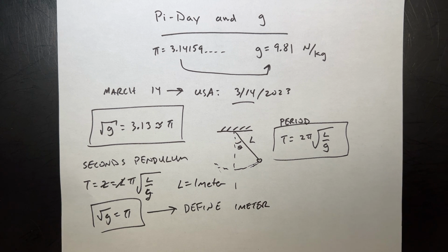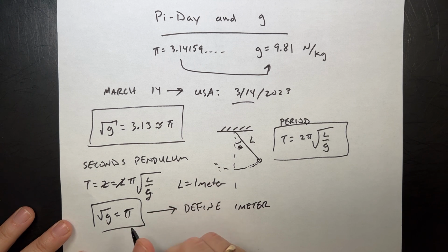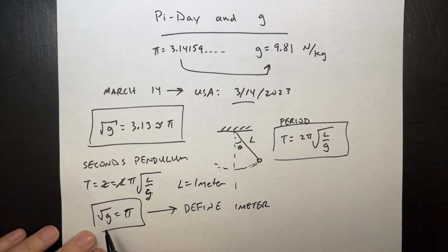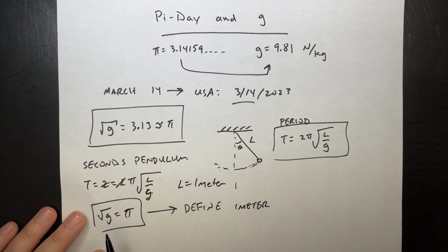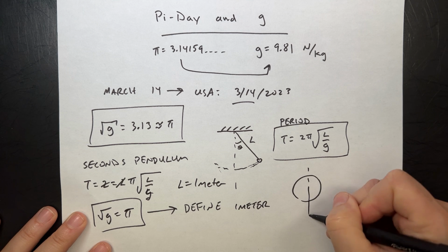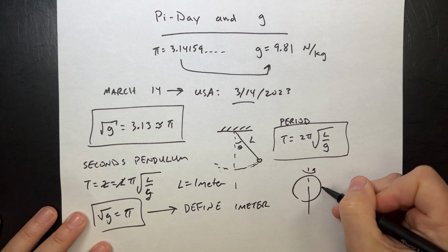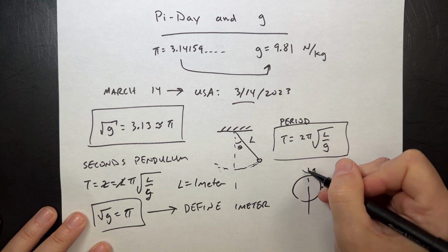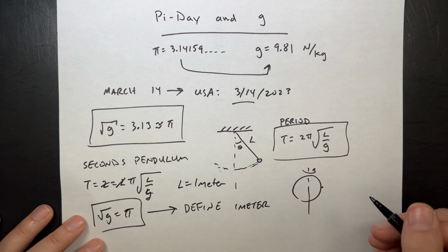But of course, this is not a great way to define a meter by using a seconds pendulum. Because if you go around the Earth, G is not constant. G depends on the density of the stuff around you. It depends on the location on the Earth, because the one that you're measuring is actually the effective G. If the Earth's rotating and you're at the equator, then your G value is going to be less than at the North Pole because of this, you could say centrifugal force.